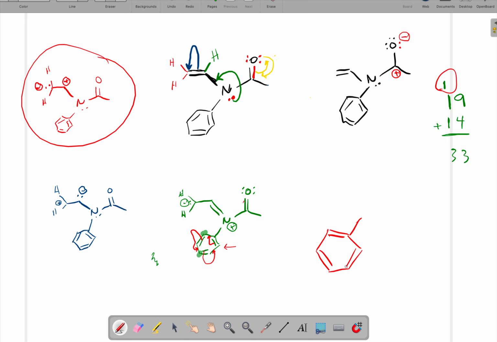We're looking for octets. The green one has all of our octets satisfied. This green one, we moved that nitrogen lone pair up to the left. Did we have to move it up to the left? We could have moved it to the right. And if we moved it to the right, we'd be seeing the double bond appear on the right-hand side. Would that have resulted in a valid resonance structure?